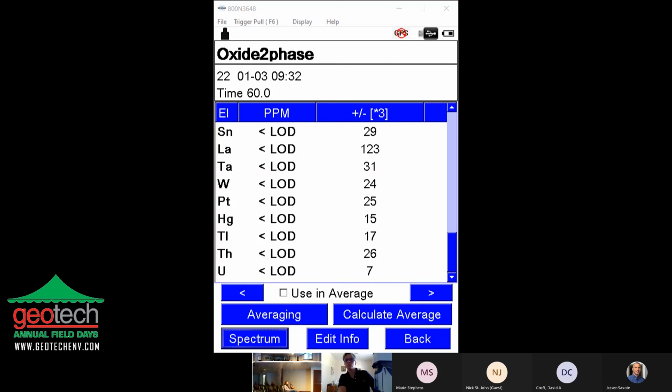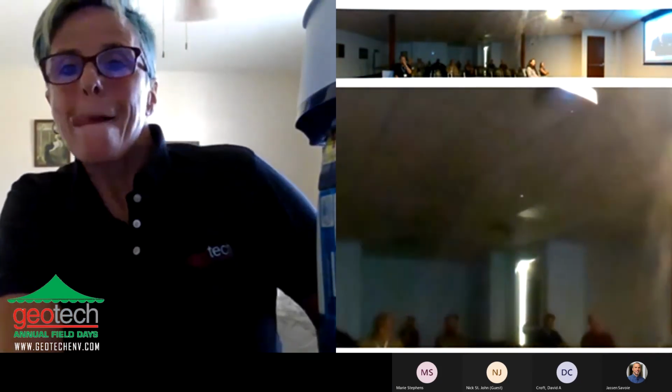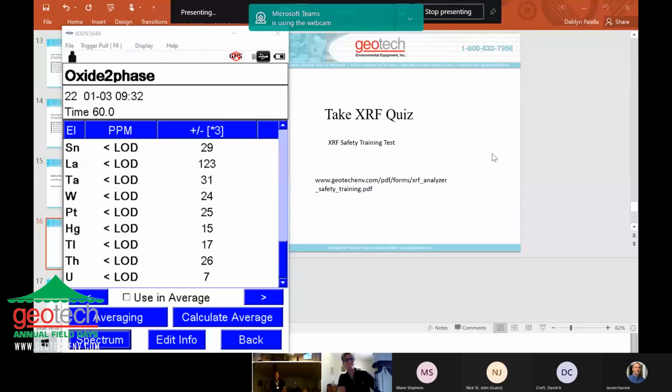Does anybody have any projects, or are there any questions about anything? Has anyone developed a downhole application for this, like a geoprobe?